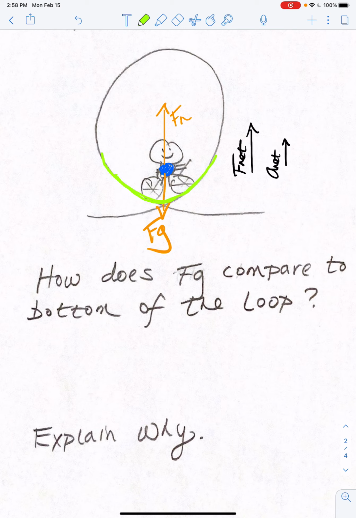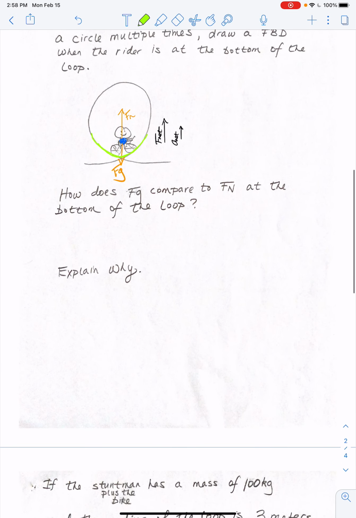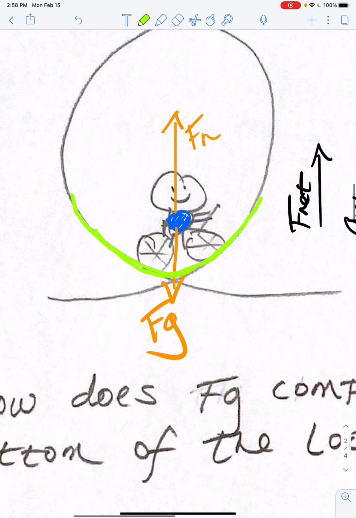You don't have to have an entire circle there. So that green segment could just be the piece of the circle to make this true, that the force normal is larger than Fg, and therefore the F net or A net is into the center. But this has to be true if the object is in circular motion. I think sometimes when I ask that, kids always think they're equal there, and they're not because of the loop-the-loop.